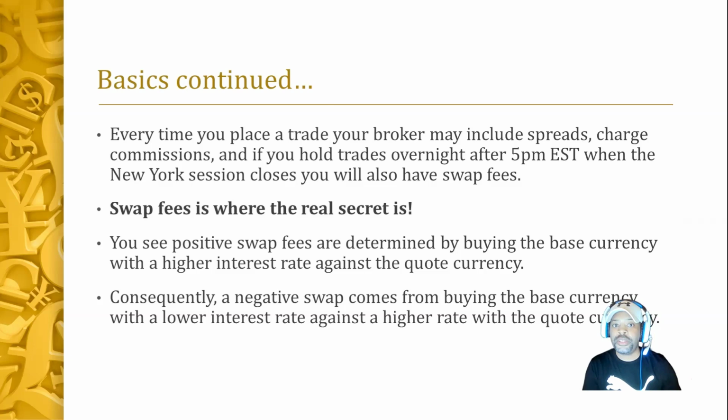I did not want to be stuck in positions that were going to cost me money. So throughout my years as a trader, I always made sure all my trades were closed by 2 or 3 o'clock in the evening, before the US market closed. That way, I always avoided having to pay swap fees.